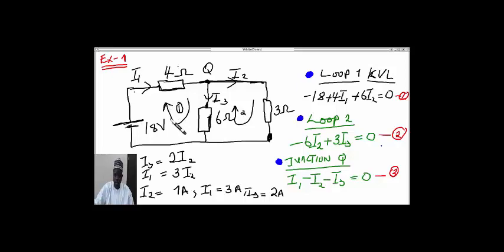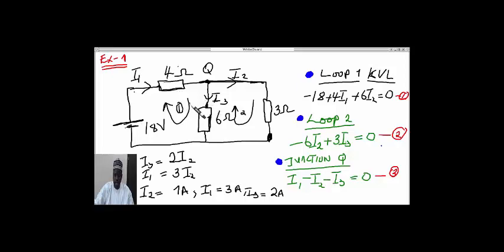We need to remember one thing here: the criterion for writing the potential is such that if I'm following my loop, the terminal of my battery I meet first gives the sign of the potential. As for the potential drop across a resistor, if the current inside the resistor is in the direction of my flow around the loop, the potential drop across the resistor is positive.